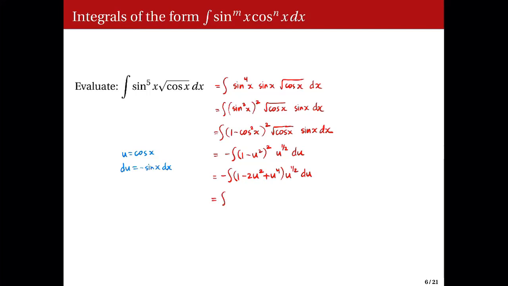So we will have the integral of negative u to the 4 times u raised to 1/2, so this becomes u raised to power 9/2. And then plus 2 u squared times u raised to 1/2, that's u raised to 5/2. Then minus u raised to 1/2. Then close quantity, we have du.